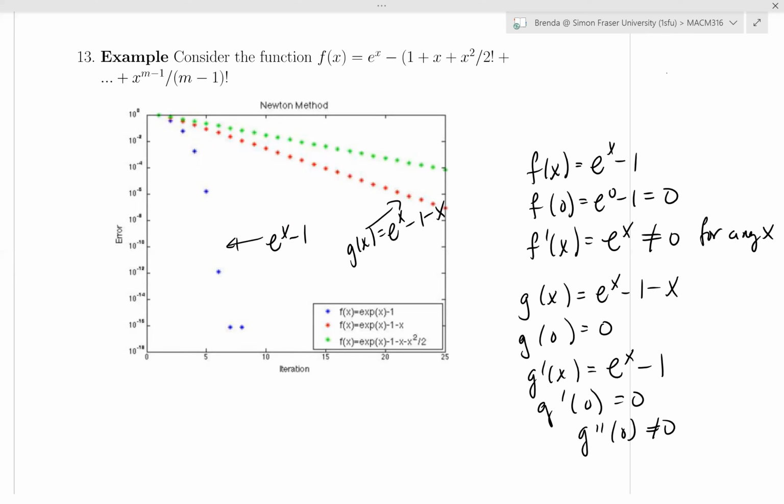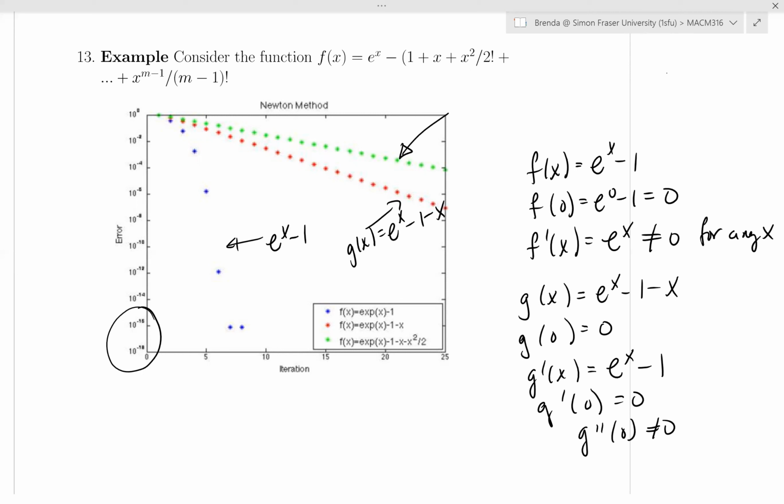And you see what happens to the convergence. It's the red line. It's not converging anywhere near as quickly. So this number down here, whatever it is, 10 to the minus 15 or 16, this is machine epsilon. Not going to get any better than that. And then if you look, you can see it's getting worse.